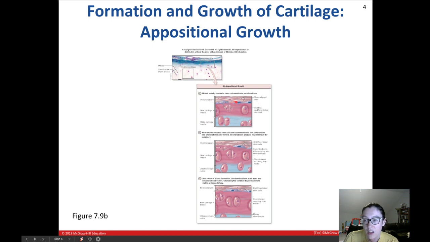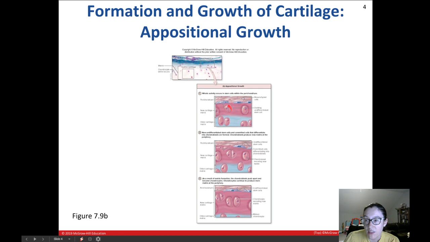These mesenchymal cells, these little cartilage stem cells, are going to be stimulated to divide. Then they will divide, and one of them will stay as a mesenchymal cell up there, and the other daughter cell is going to go down and start dividing and becoming a chondrocyte.